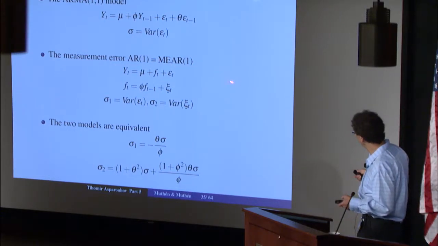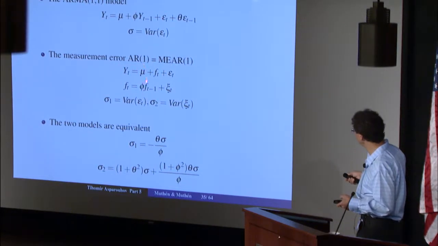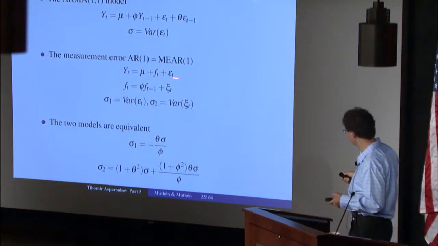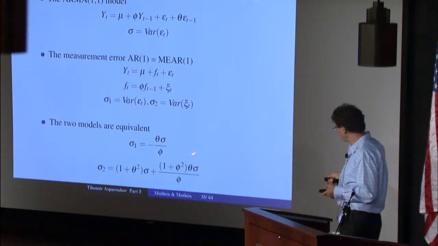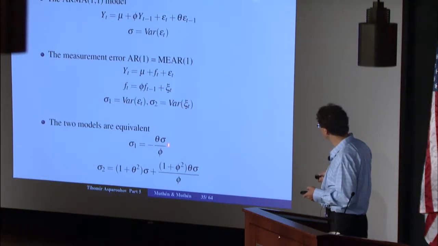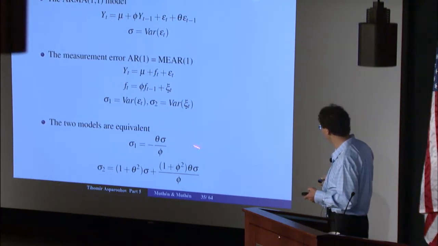The measurement error model also has 4 parameters: mu and phi, the variance of the residual here, and the variance of the residual here. So the 2 models are equivalent, and you can obtain the MEAR1 parameters from the ARMA 1-1 parameters using these 2 equations.